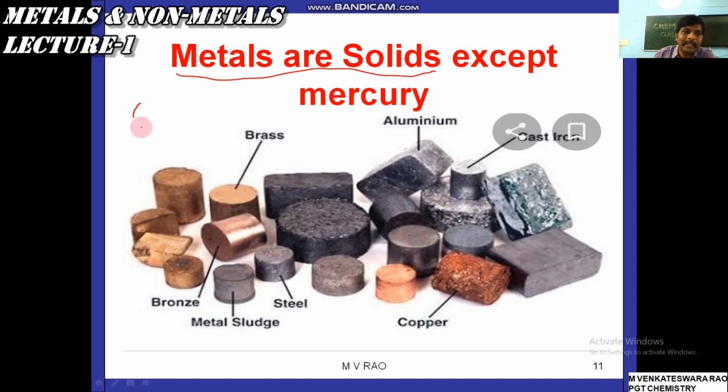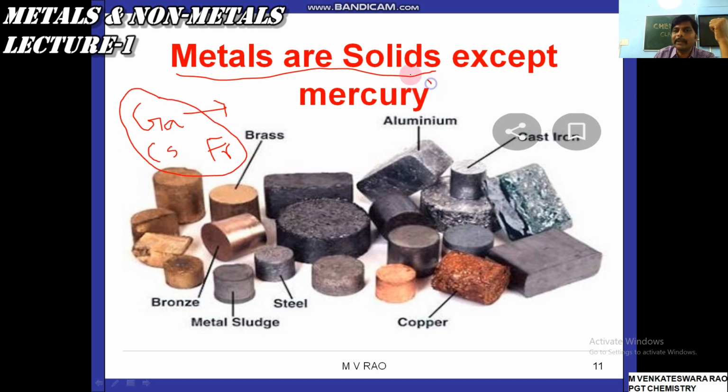But there are some exceptions. Gallium is a liquid at room temperature; below room temperature, gallium is solid. So there are some metals, gallium, cesium and francium, which are solids, but at nearly 30 degrees centigrade these metals become liquid.